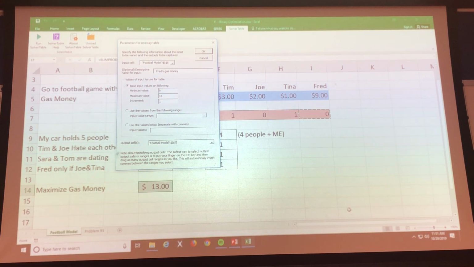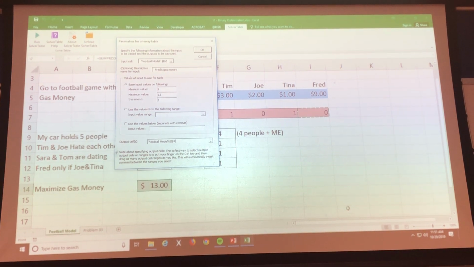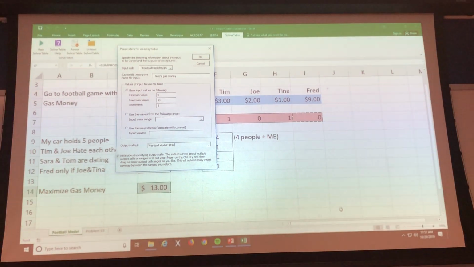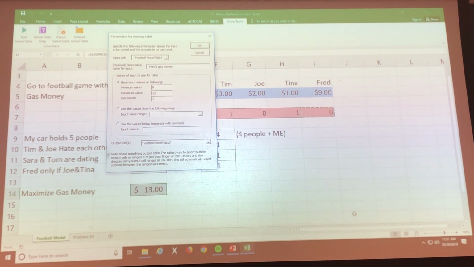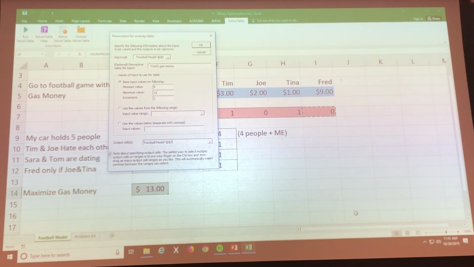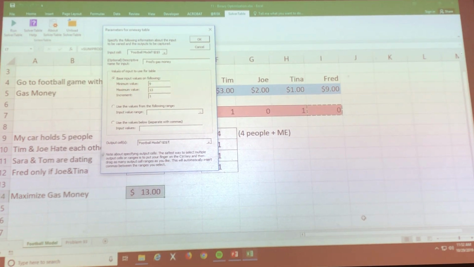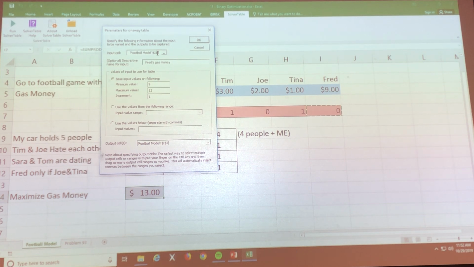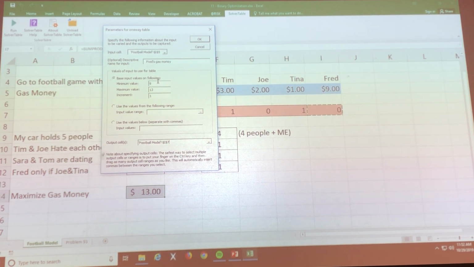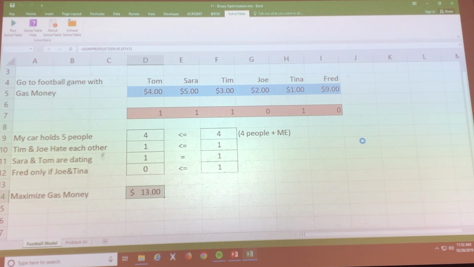Now, if you also want to see the money, you can throw that in as an extra thing, but it doesn't answer the question we're asking, which is how much does he have to contribute to be able to go? So we're taking I5, that's Fred's gas money, going from 9 to 13 in steps of 1, and looking at I7, whether or not he's going. Okay. We click OK.